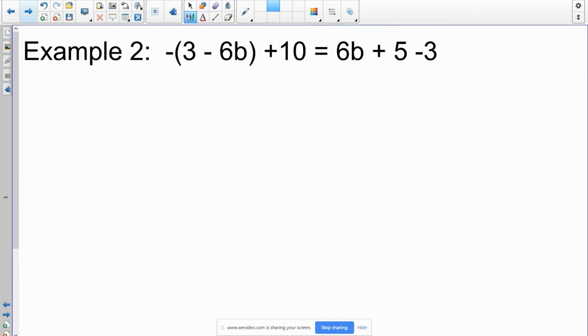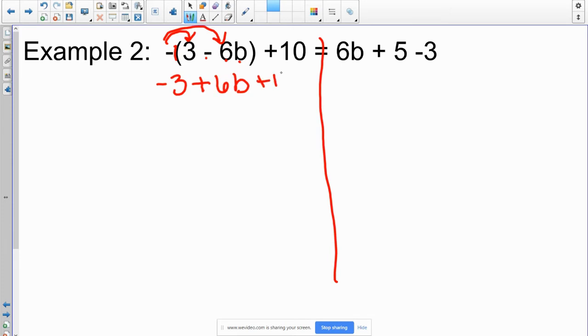Next example. Again, we're just going to start by simplifying to see what we have so we can interpret. I'm going to distribute first. A negative times 3, or you can think of that as a -1, is a -3. A negative times the -6b is a positive 6b, and then the adding 10.